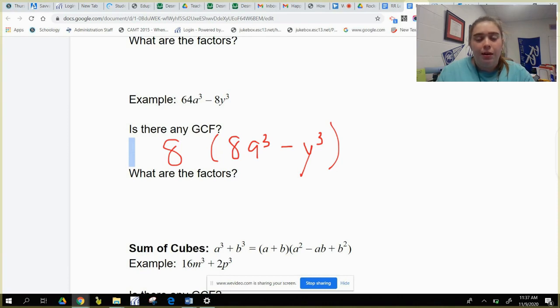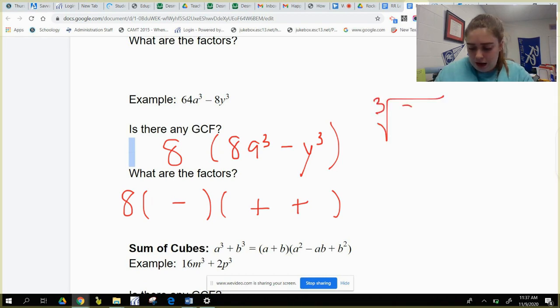Okay, so now we're going to follow that model we had before and write our factors. So remember, first we're going to have that 8, our greatest common factor. Then we're going to have a binomial where they subtract, not add, sorry. And then we're going to have the trinomial with all terms adding up. Okay, so first we're going to take the cube root of that first term. So cube root of 8a cubed.